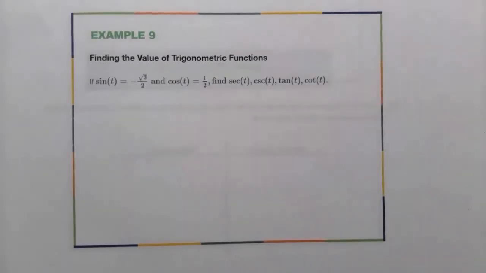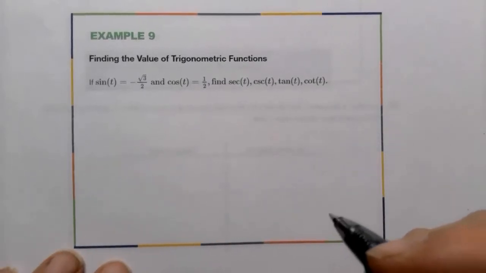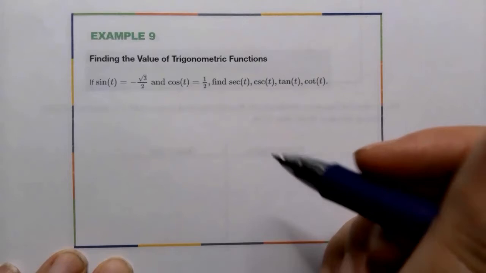Okay, it says if sine t is -√3/2 and cosine t is 1/2, find secant, cosecant, tangent, and cotangent. And even though we recognize those values, we can figure out which angle it is now, but we're going to pretend that we don't, and we're just going to use our basic identities to solve it.